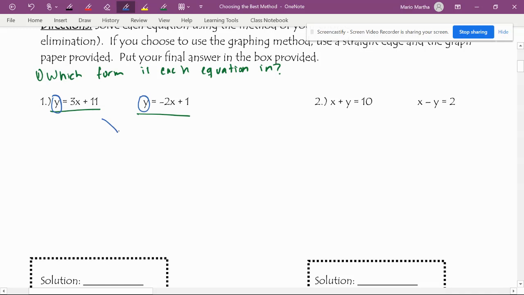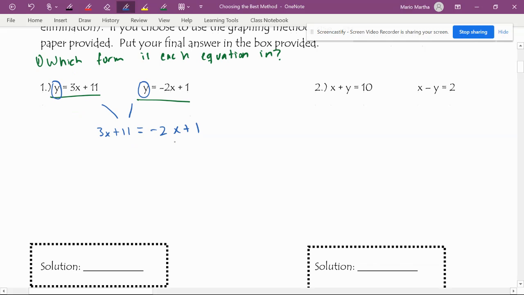You just set them equal to each other, right? So that'll be 3x plus 11 equals negative 2x plus 1. And then we go ahead and we keep solving for x because that's the variable that's left over. So from here, I add 2x to both sides, right?